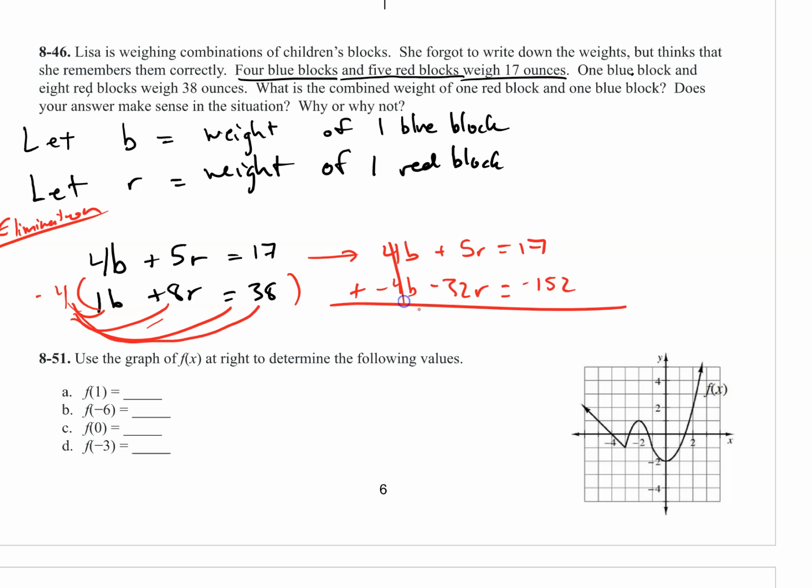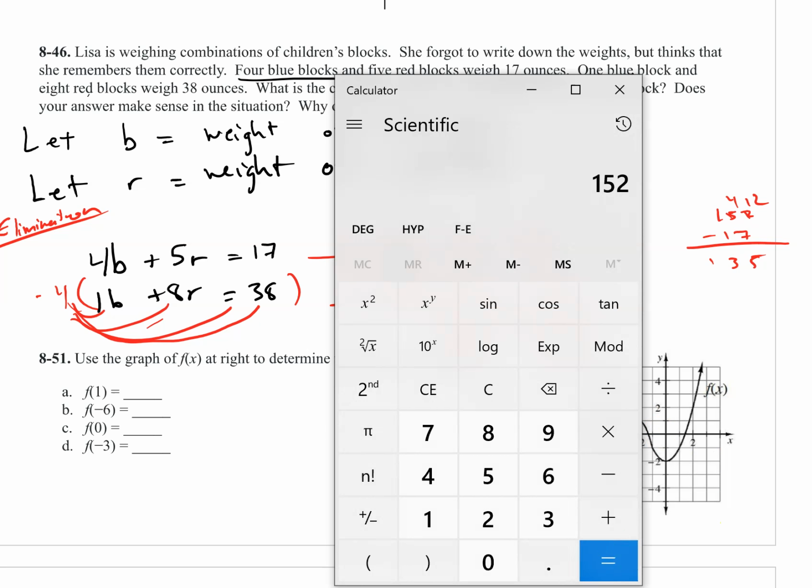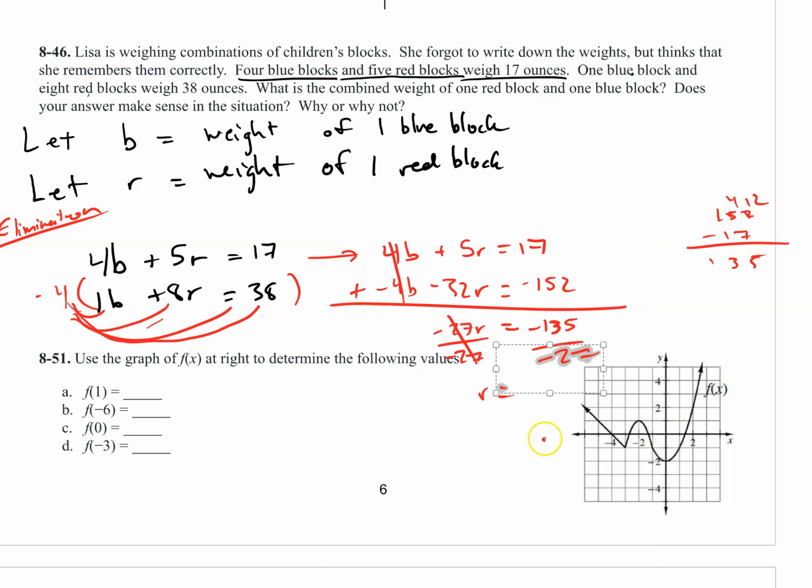Alright, so if we add these together now, the 4b's cancel, and we get -27r equals -152 plus 17, which is -135. Alright, dividing both sides by -27, r is equal to 5.